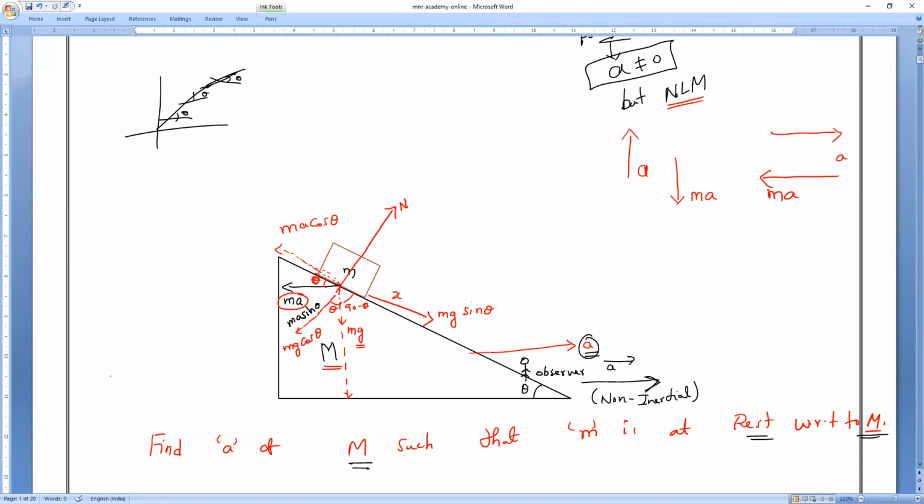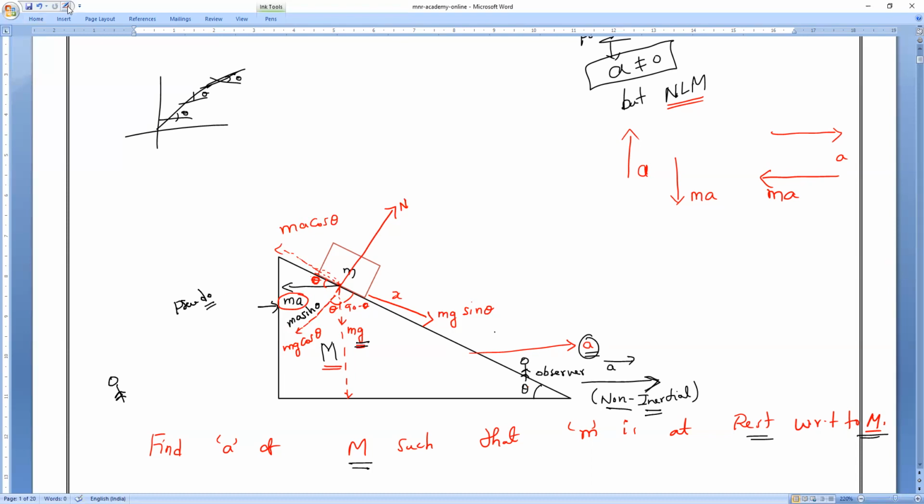If the observer is in an inertial frame of reference, we all know that mg, the weight of the object, is acting downward, so the x-axis has mg sin theta and the y-axis has mg cos theta. But now, as it is a non-inertial frame of reference, we have to consider one more new force. What do we call that force, everybody? The pseudo force.